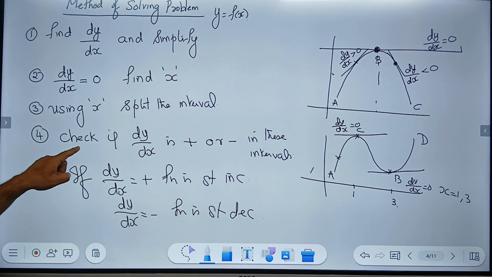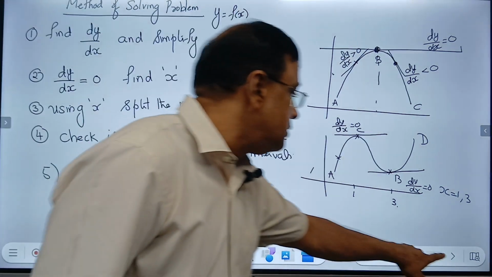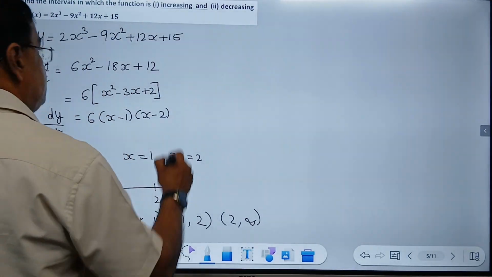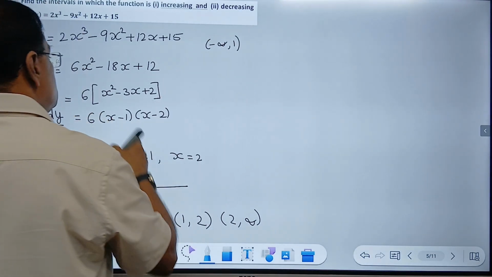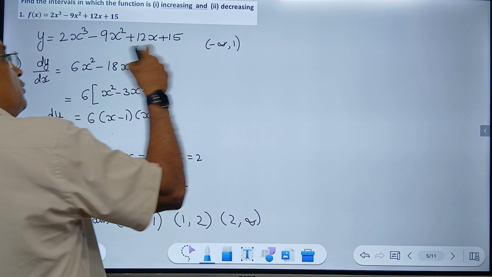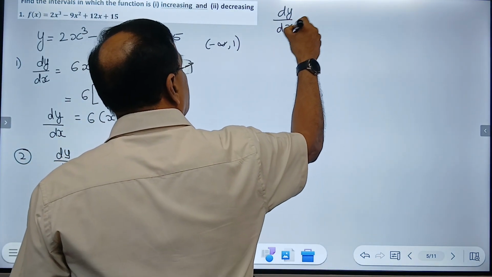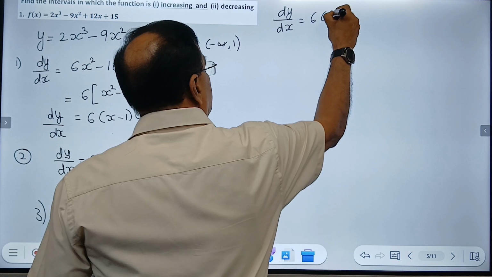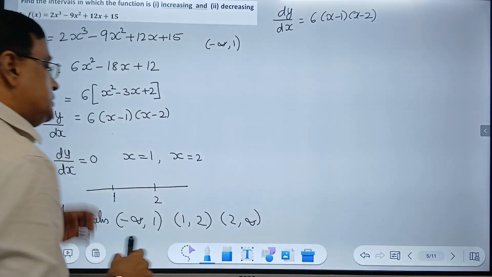Now I need to check if dy by dx is positive or negative in these intervals. Now how do I do it? First let's take the first interval. I'll take minus infinity comma 1 and choose dy by dx before equating to 0. Okay, that will be easy for you to simplify, which is 6 into x minus 1 into x minus 2. Now how do I check?